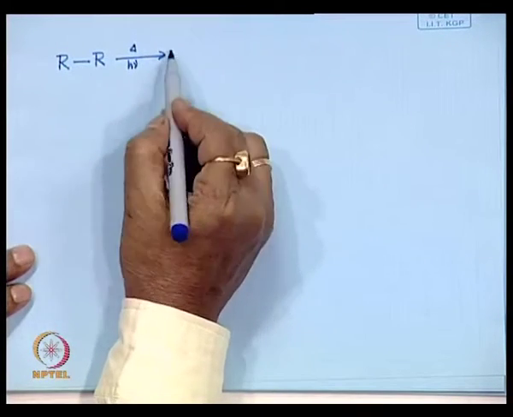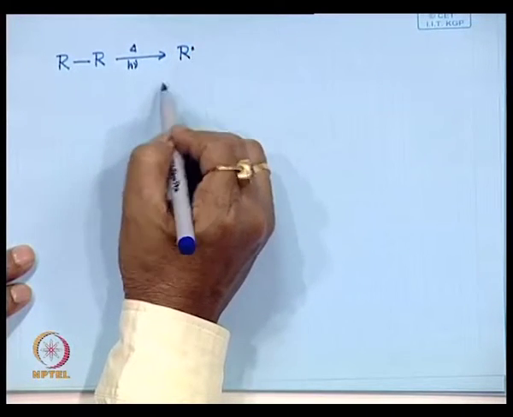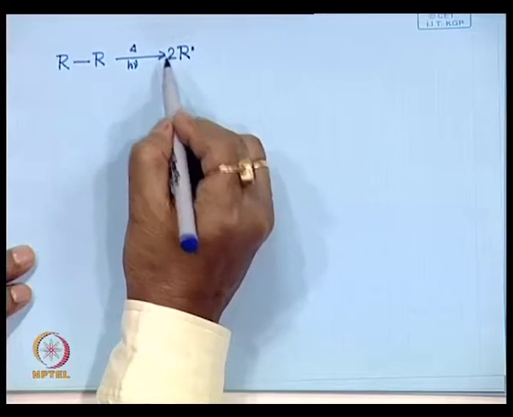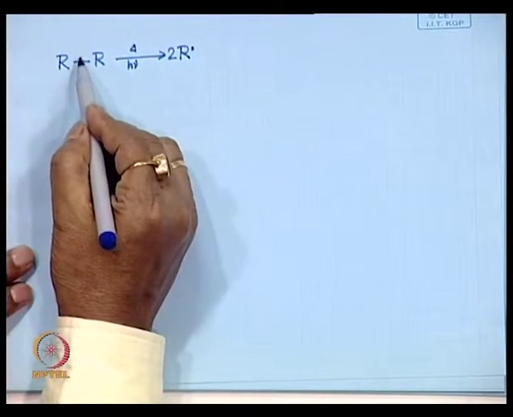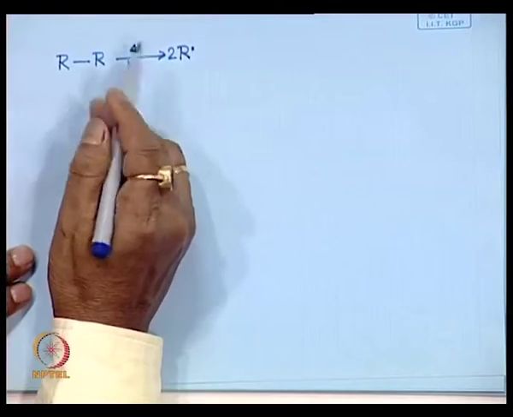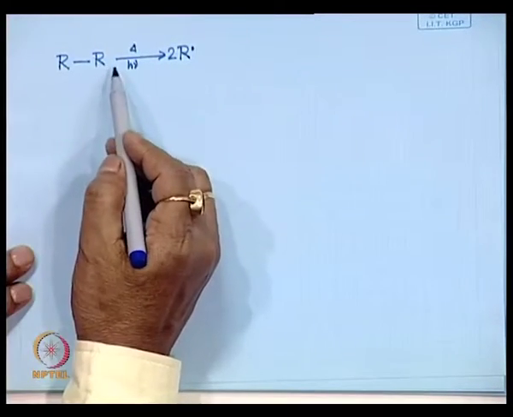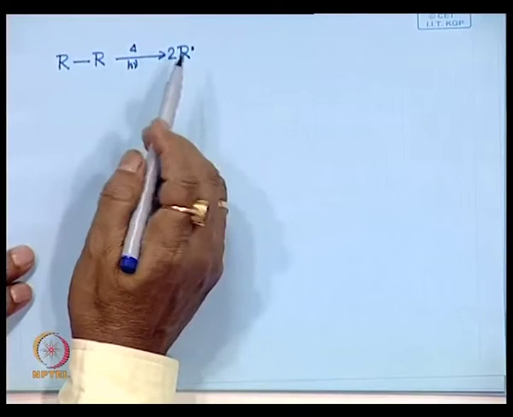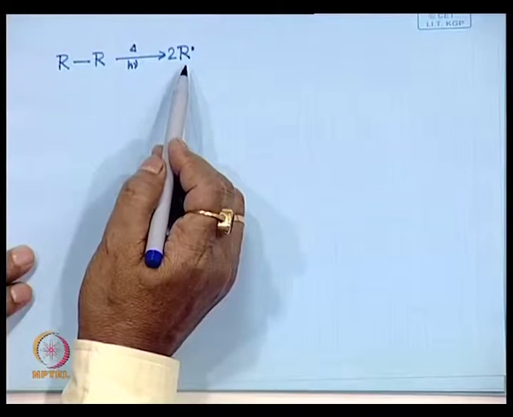So, if that is sufficient, then it will lead to 2 free radicals like this, 2 R dot, provided these 2 electrons shared by each member are cleaved homolytically. That means, each of them will take an equal share, that is called homolytic cleavage.